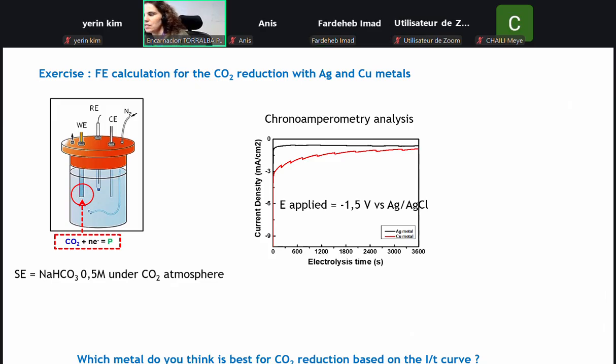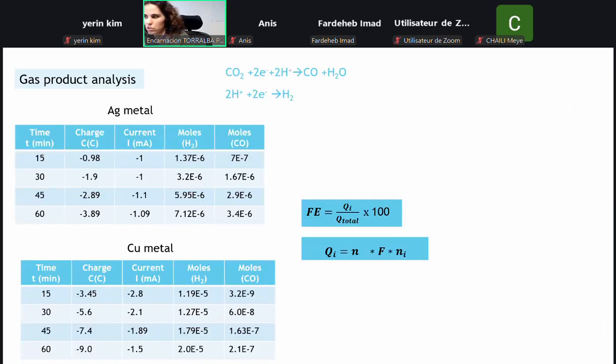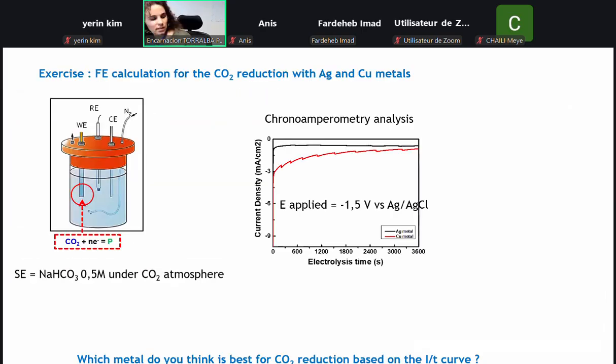And in this case, copper is providing me more current than silver. So why do you think silver is better? Because silver is giving me less current. Actually, you're right. Silver is better.